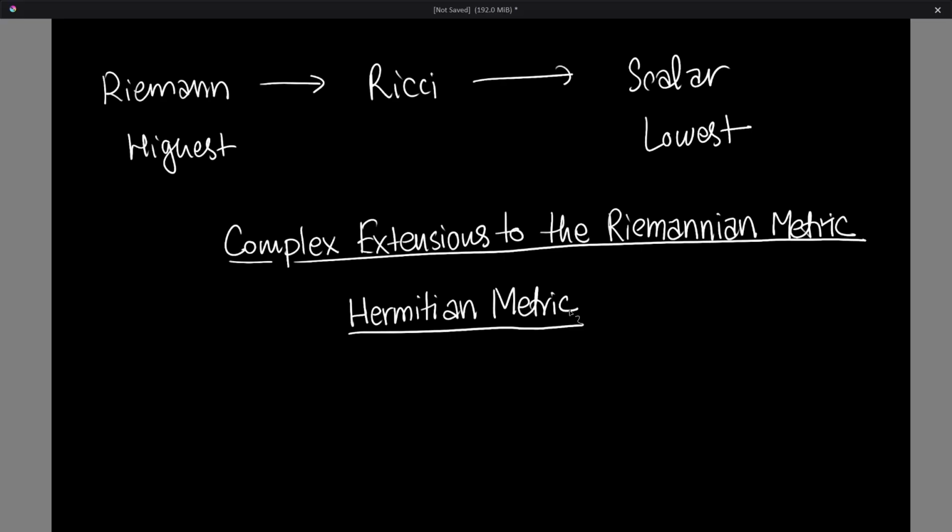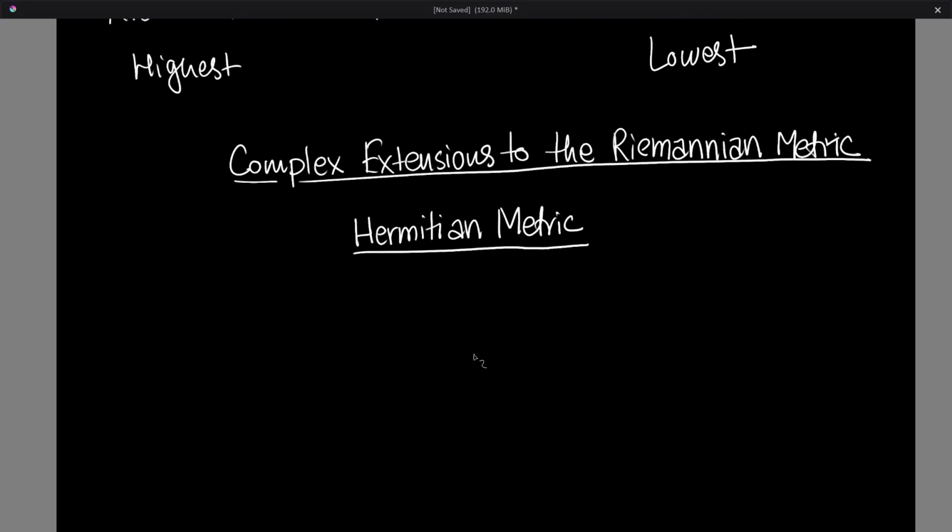So some of the things that we're going to define right now are motivated by the fact that the norm should be real, and the angle between two vectors should be a real number. So this is going to affect the way that we define things. The Riemannian metric was a 0-2 tensor, right?